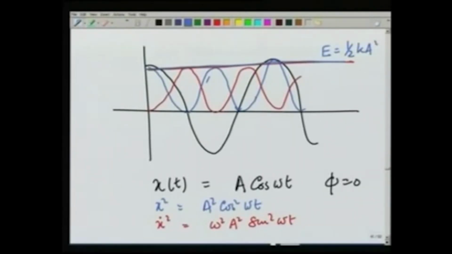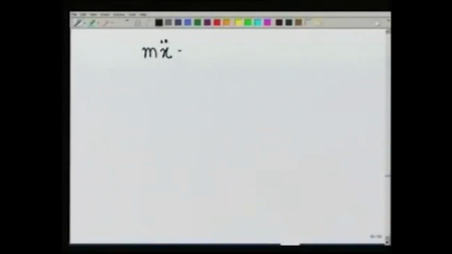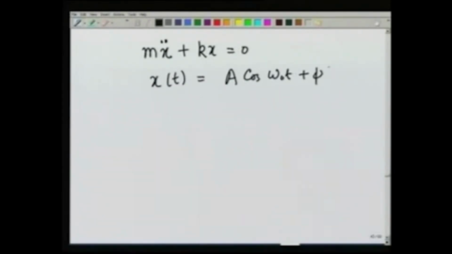So let me now sum up this introductory lecture on harmonic oscillator. In general, about a stable equilibrium point, I would have, for small displacement about that point, an equation of motion like this. So the motion is simple harmonic, which is given like cosine omega 0 t plus phi.